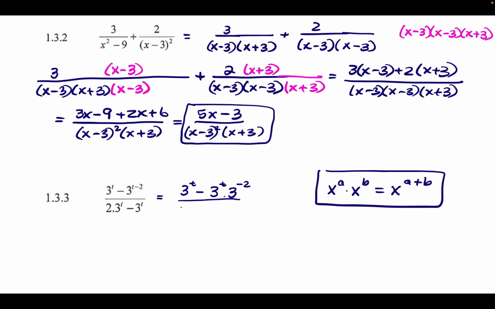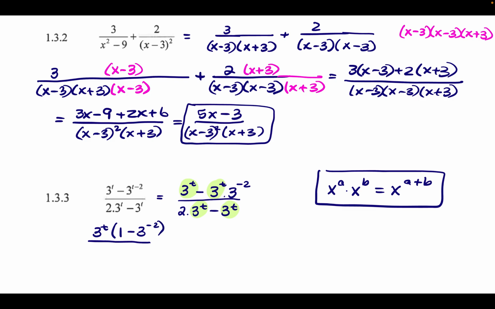And in the denominator, I have 2 times 3 to the t minus 3 to the t. Now you might notice that all of our terms here have 3 to the t as a part of them. So in the numerator, I could factor out 3 to the t, and I'm left with 1 minus 3 to the negative 2.